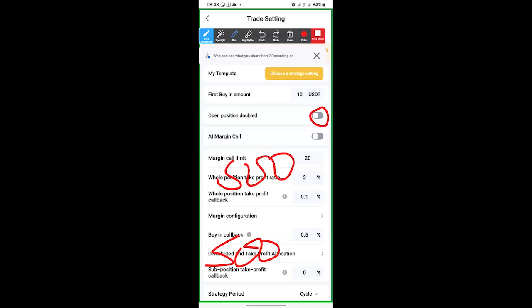That's why it is called open position double. So you don't need that. Unless you have that good capital, you can divide it, like you can open the position double. So the position will be double.